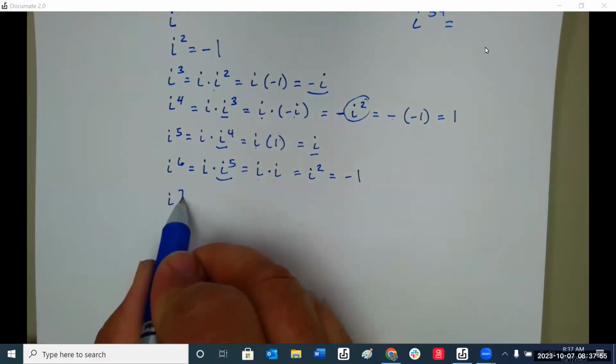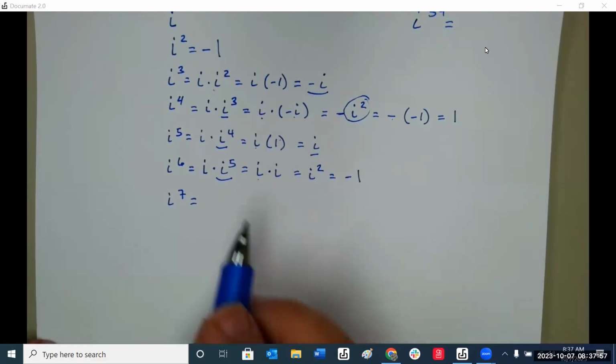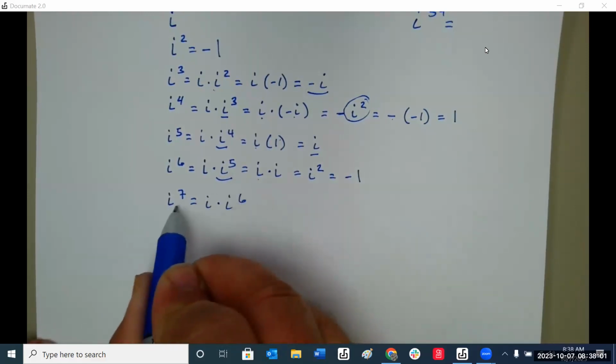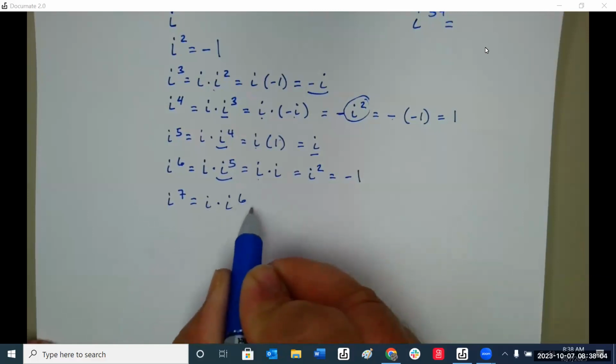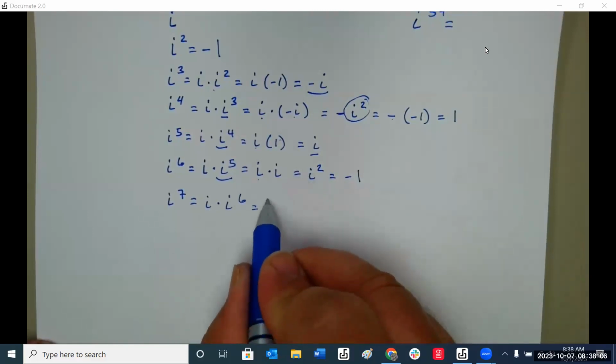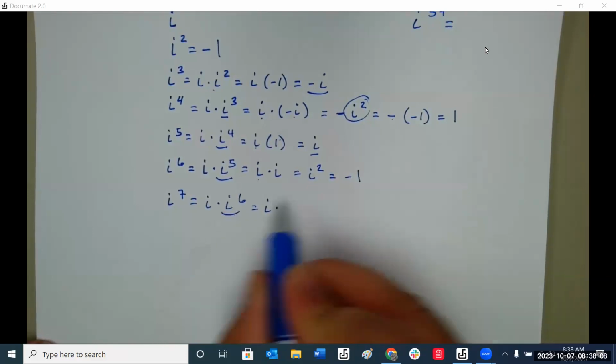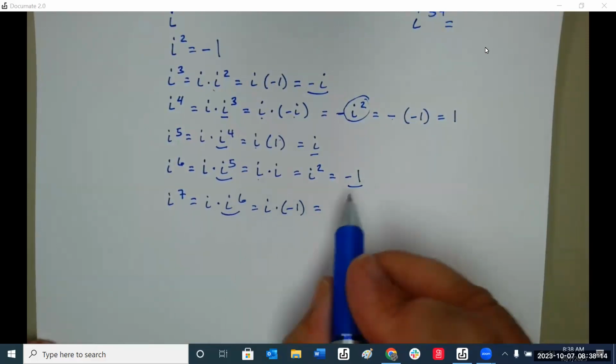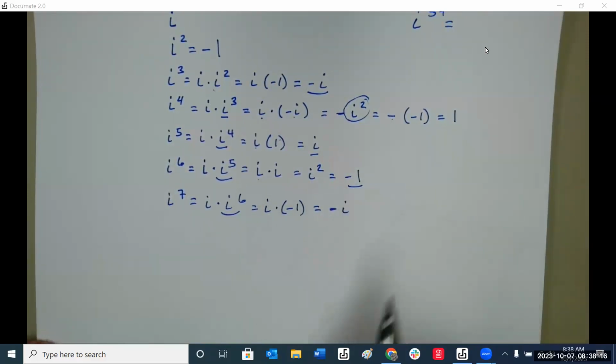We're almost done with this part. i to the seventh is i times i to the sixth. i to the sixth we figured out was -1, so i times -1 is -i.